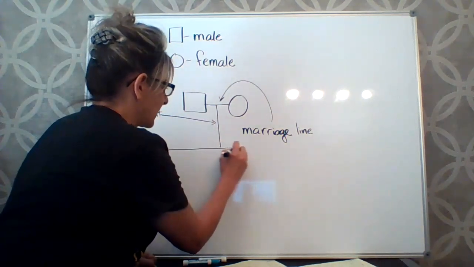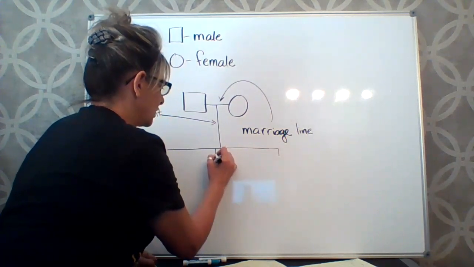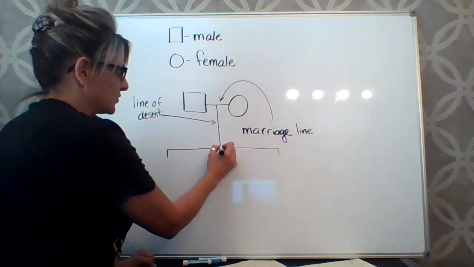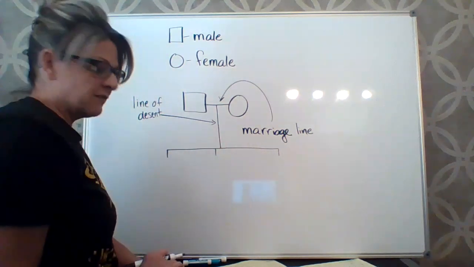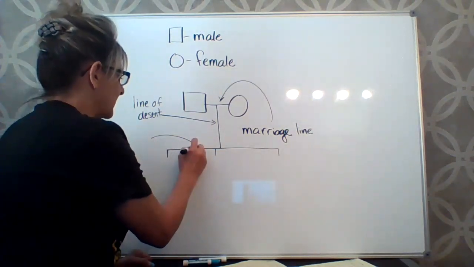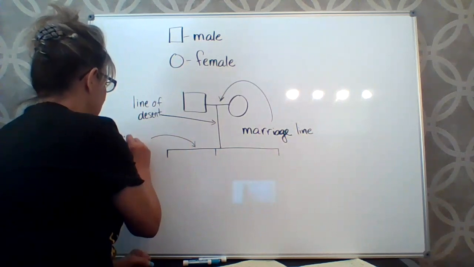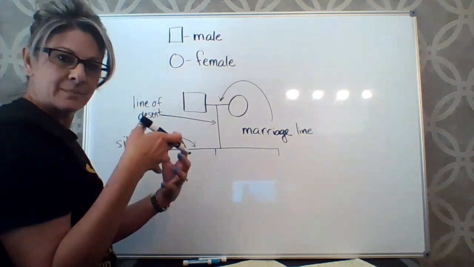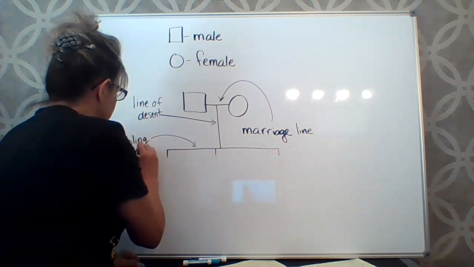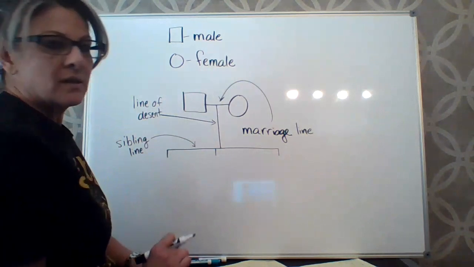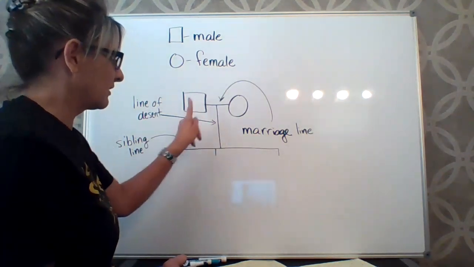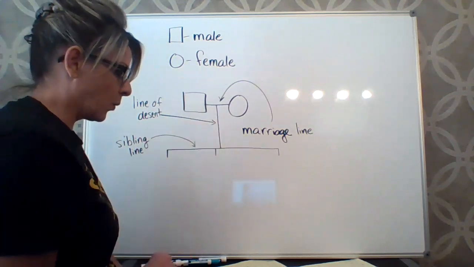And at some point in time, they had offspring or children. This line here that I just drew across is what we refer to as a sibling line. Okay? So a sibling line designates that there are siblings involved, right? So a sibling line is going to now introduce us to the offspring from this man and woman.